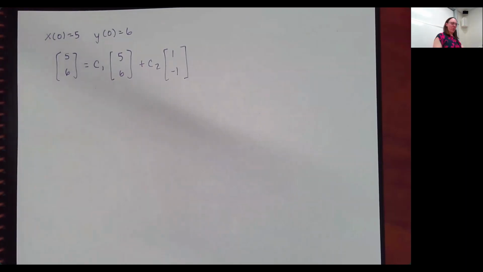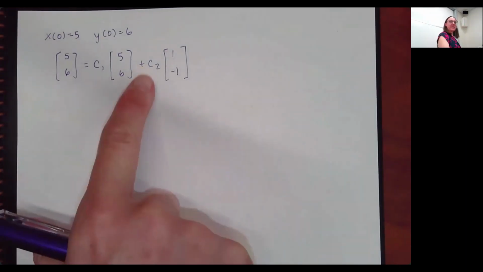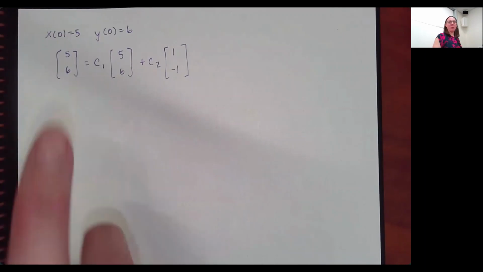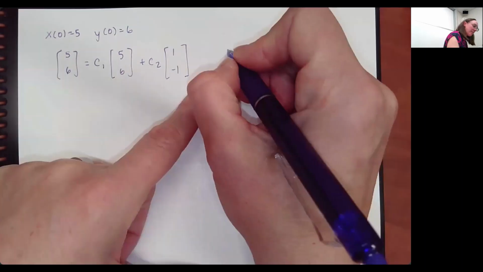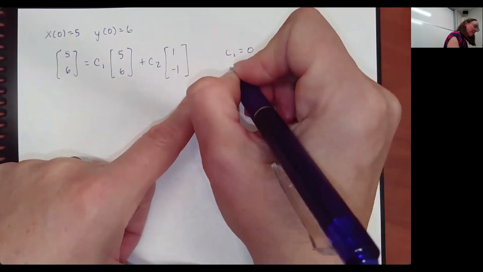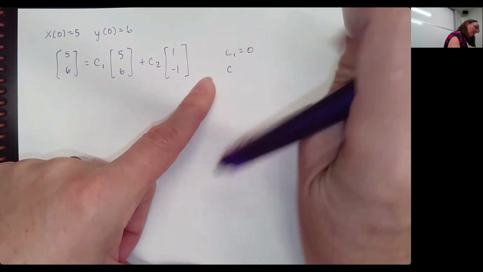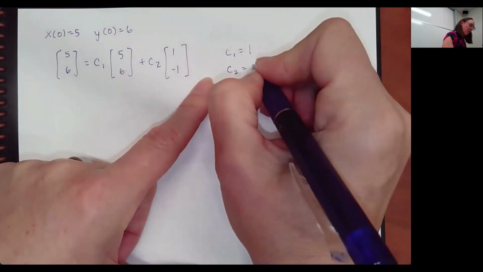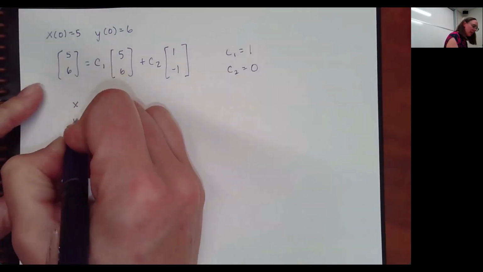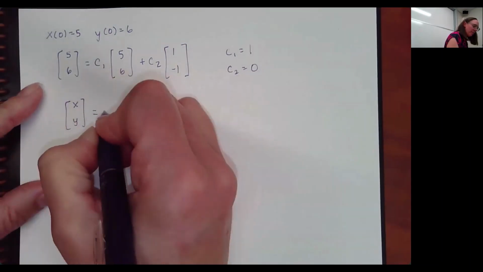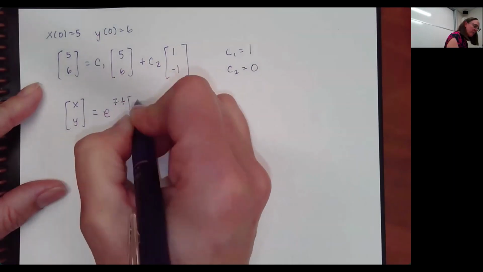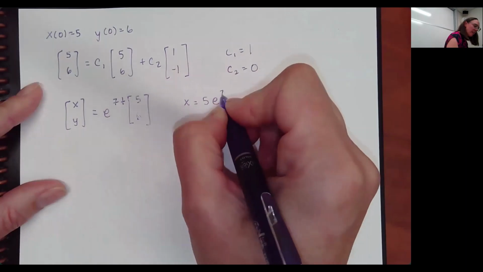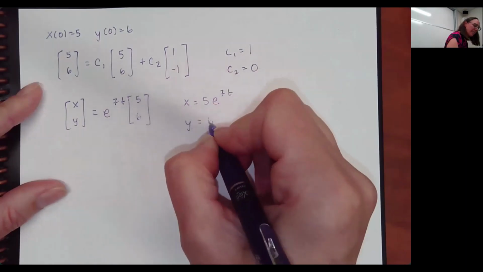I think hopefully we can already see that if C2 is 0 and C1 is 1, we're good to go. Which means my full solutions then look like e to the 7t times the vector 5, 6, or x equals 5 e to the 7t and y equals 6 e to the 7t.